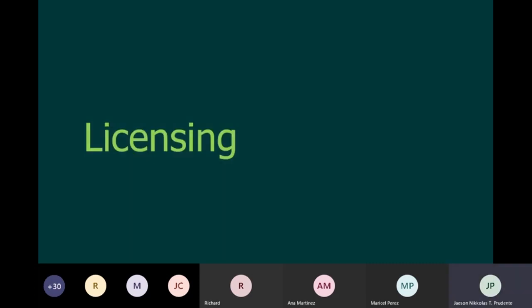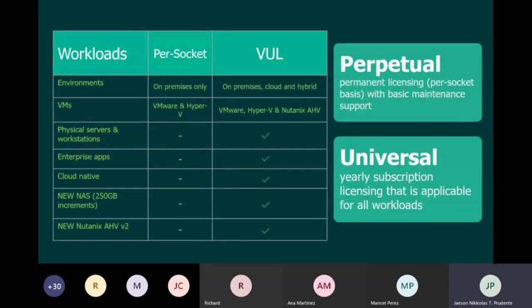Then as I discussed, for the last part is the licensing for Veeam. Merong licensing si Veeam which is yung perpetual and universal. Under perpetual, meron siyang permanent licensing or per socket basis with basic maintenance support. So applicable lang si perpetual for the virtual environment, so either VMware or Hyper-V. Then ang kinakount ni Veeam is yung per physical processor socket.